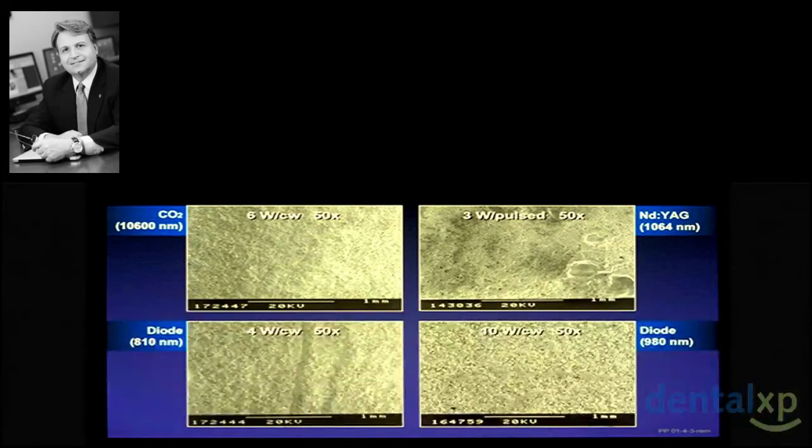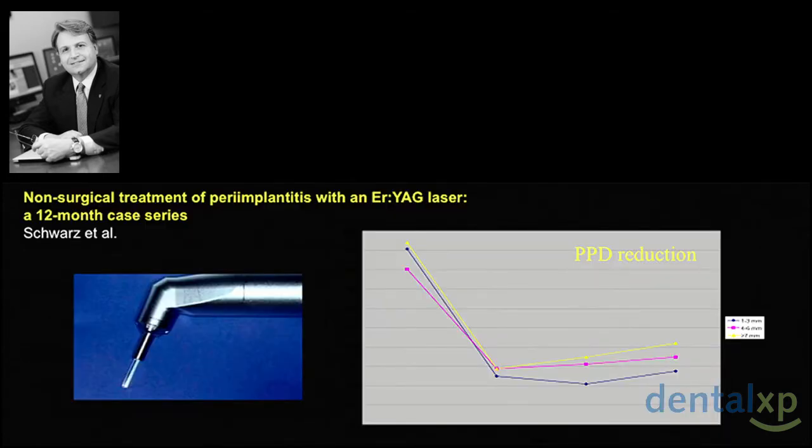But if you look here, diode 810 modifies the implant surface, means melts the implant surface, and diode 980 does not change the implant surface, which means we have opportunities for this technology if you know what you do. And the CO2 is exactly the same, non-modification and melting with the other laser.